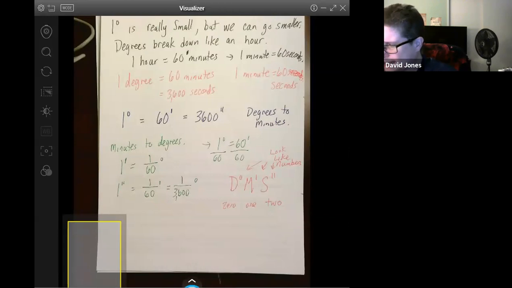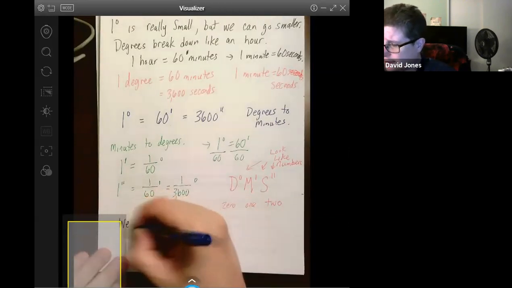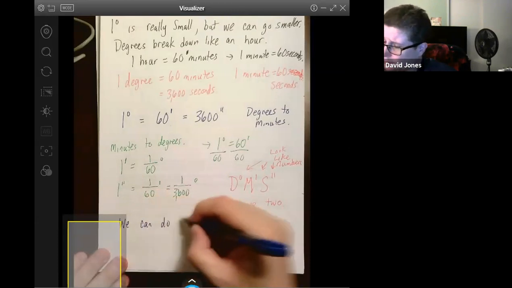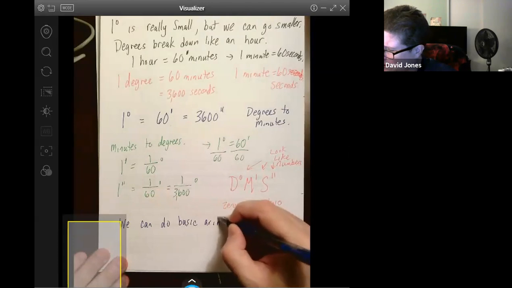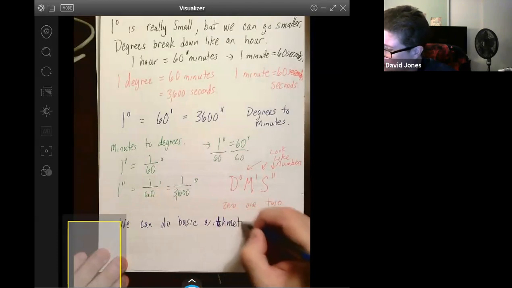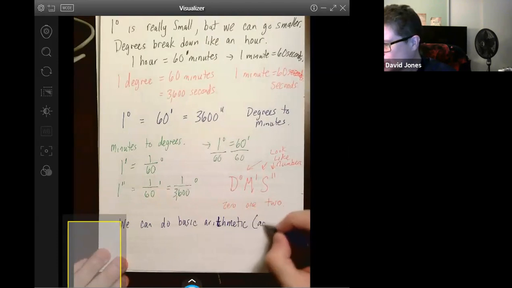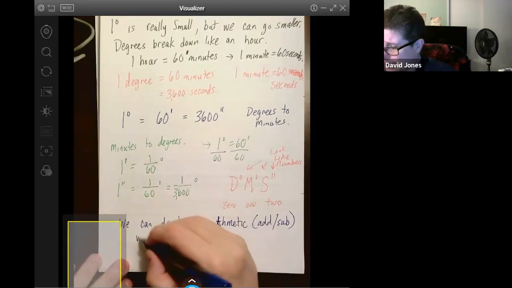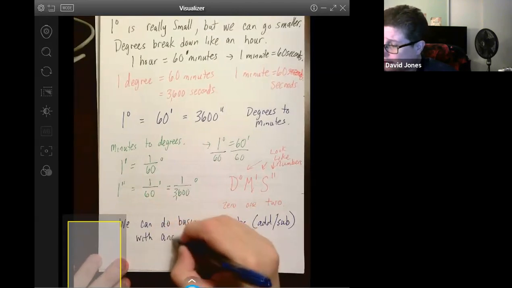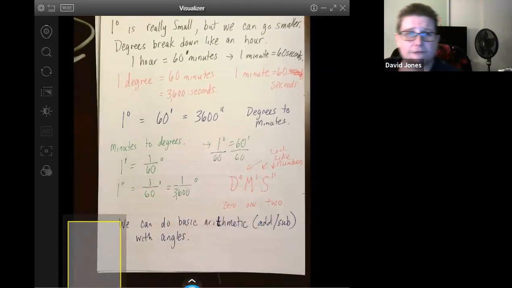We can do basic arithmetic with this. I mean adding and subtracting with angles. And I'll pause to let you write that page. We'll do some examples on the next screen.